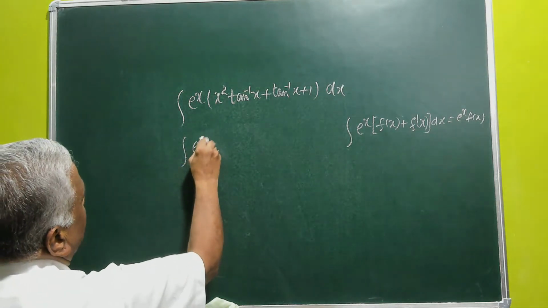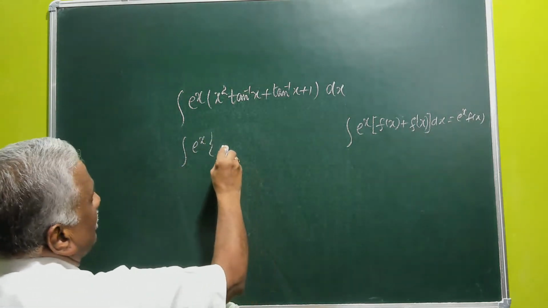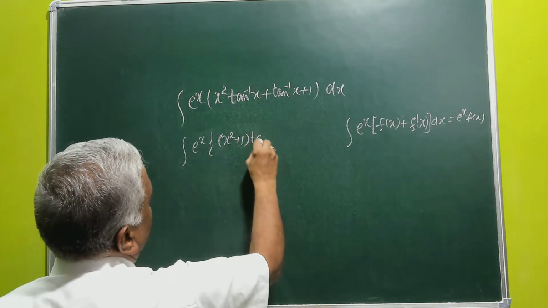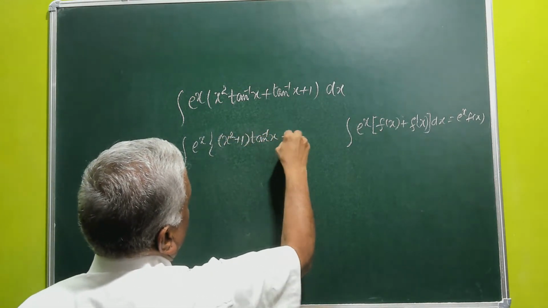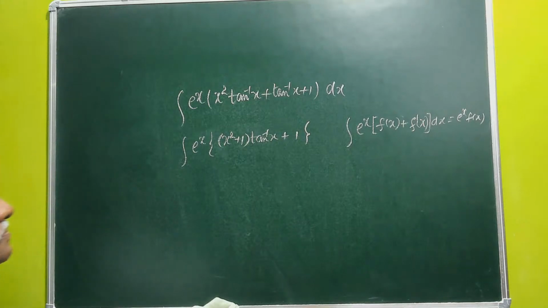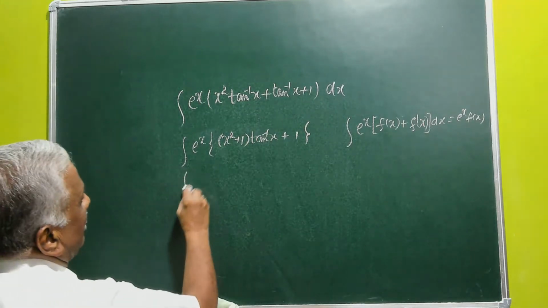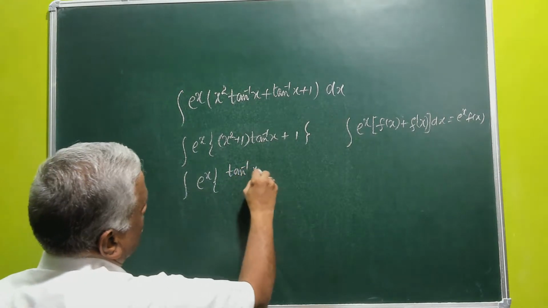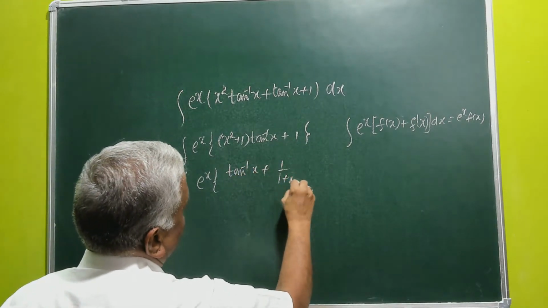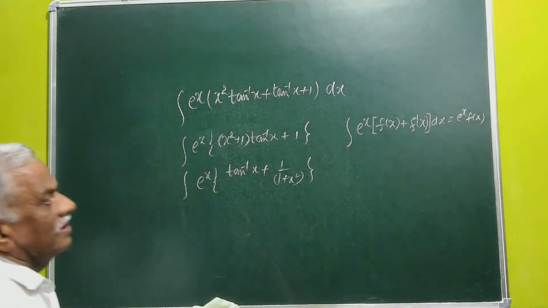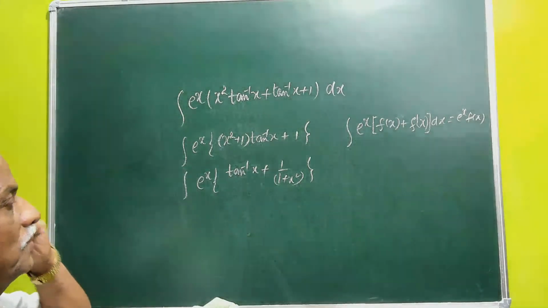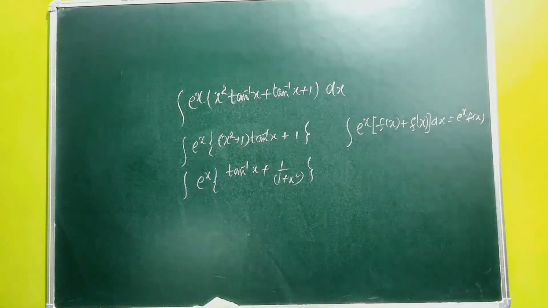You can write this e to the power of x into x square plus 1 into tan inverse x plus 1 as e to the power of x into tan inverse x plus 1 over x, 1 plus x square. How? Dividing by 1 plus x square.